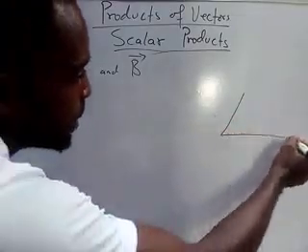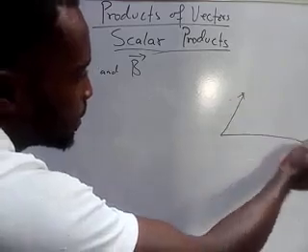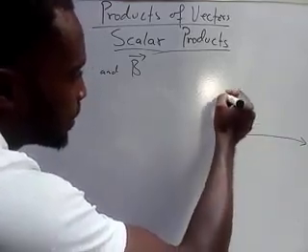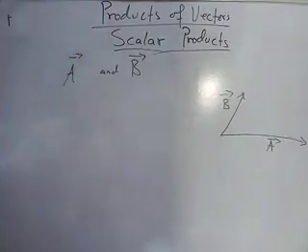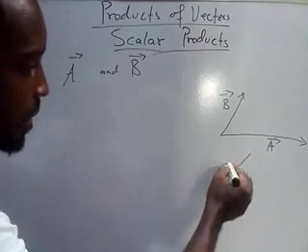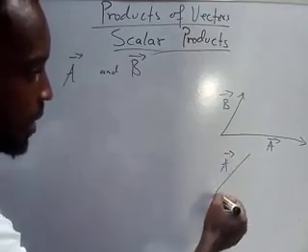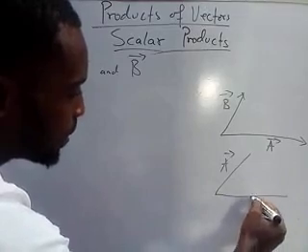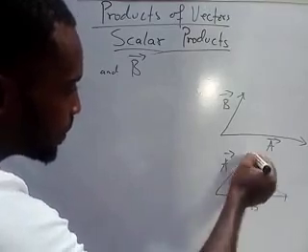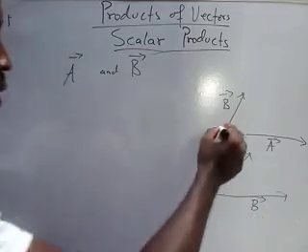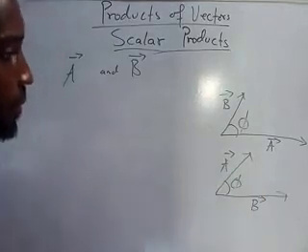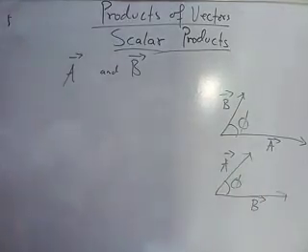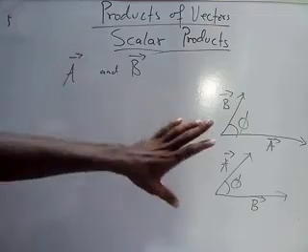You can have something like this, this is B and this is A. It can also be like this, here could be A, here could be B. It could be any of these.